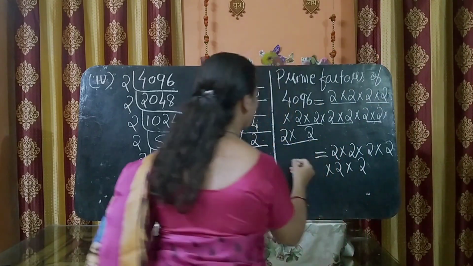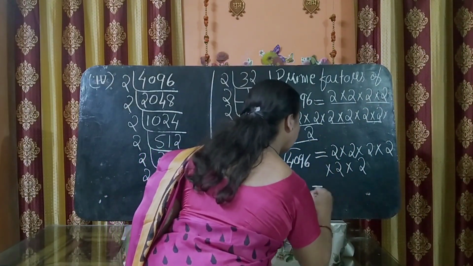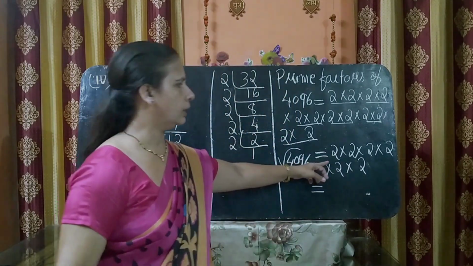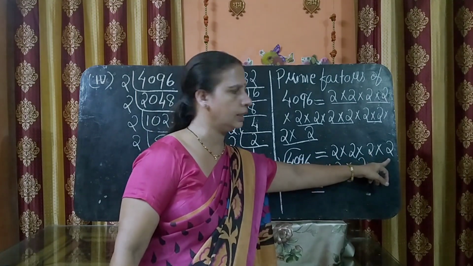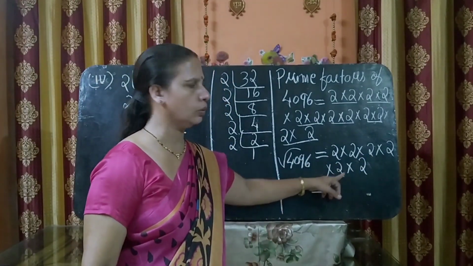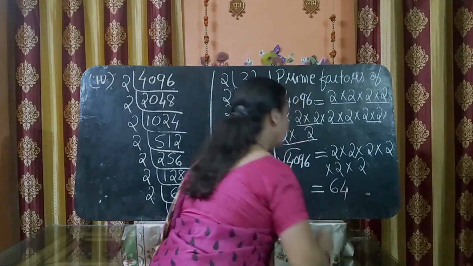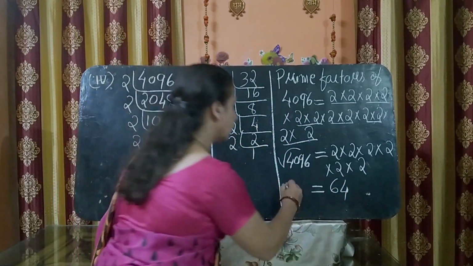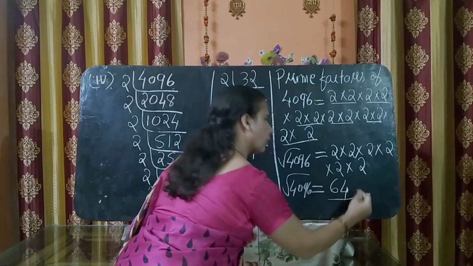Then square root of 4096 equals, multiply these 2's. 2 2's are 4, 4 2's are 8, 8 2's are 16, 16 2's are 32, 32 2's are 64. Then square root of 4096 equals 64.